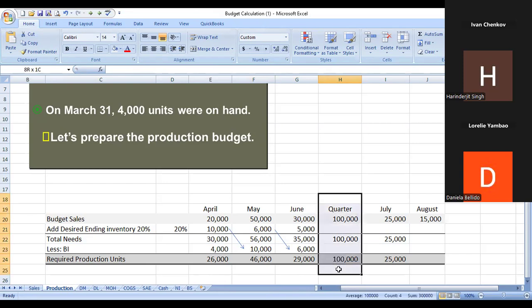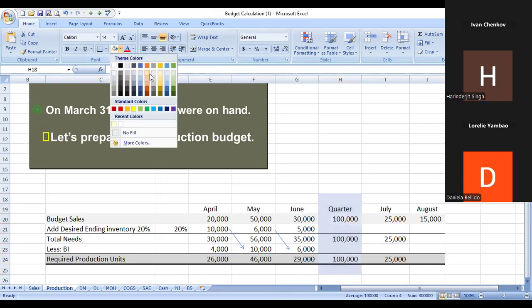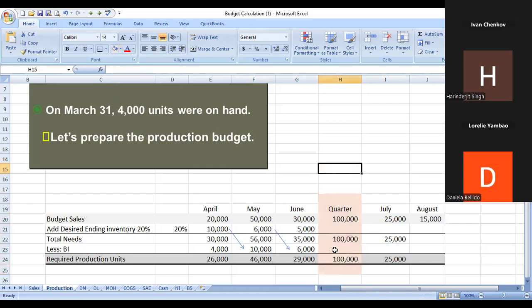So let's see how much we need to produce for the quarter. Now we're on the quarter. This one will be at the end of the quarter. What do we need at the end of the quarter? So our sales for the quarter is $100,000. No questions about it. Now we want to add the desired balance that we want to have at the end of the quarter.